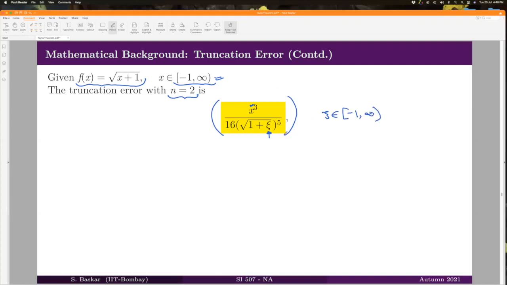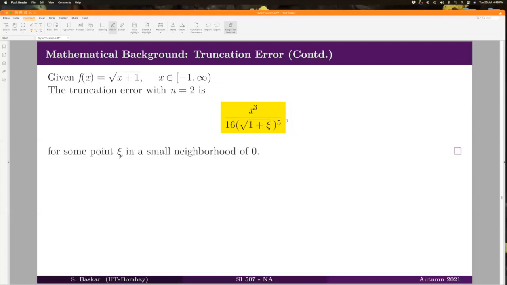and see can we find a bound for this function. Well, as far as the theorem is concerned, it should come from a small neighborhood of 0. Why? Because we were interested in that example to approximate the function f around a equal to 0. That is why we got this truncation error.